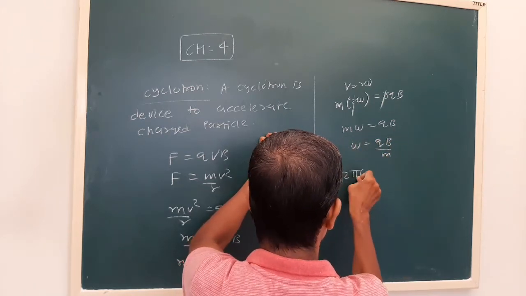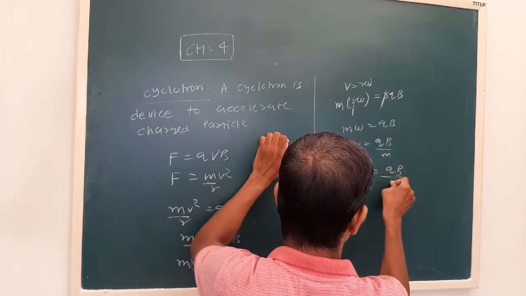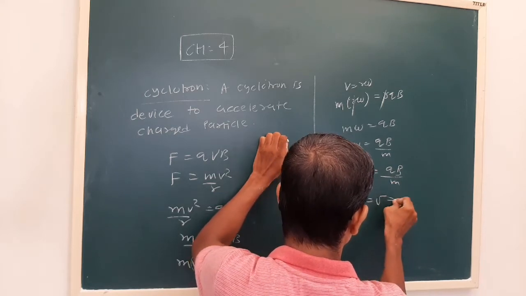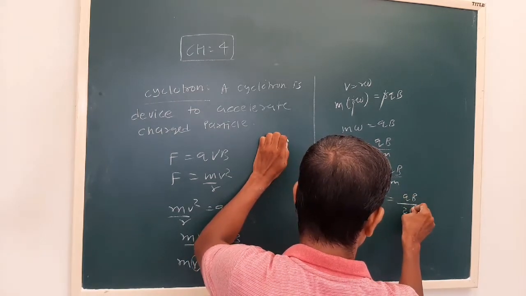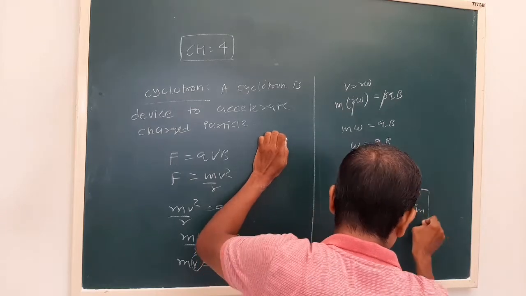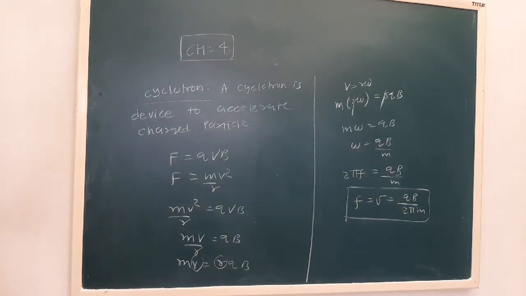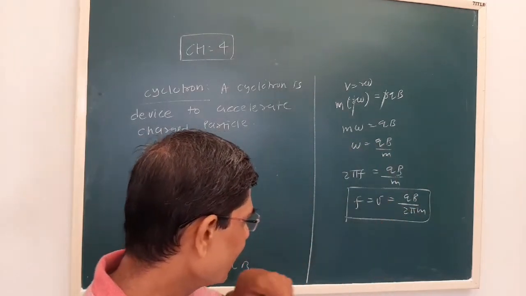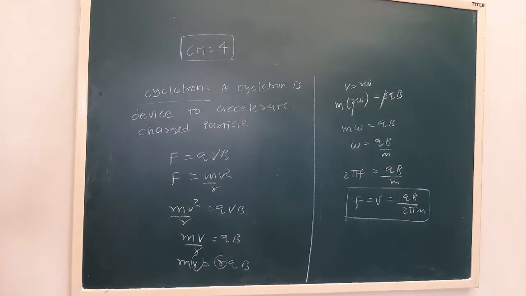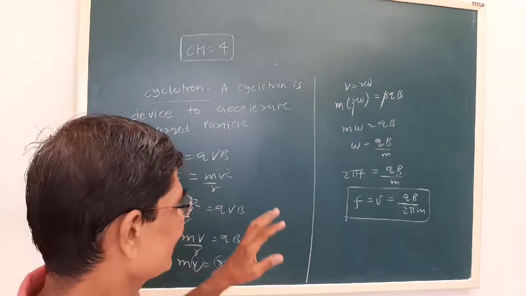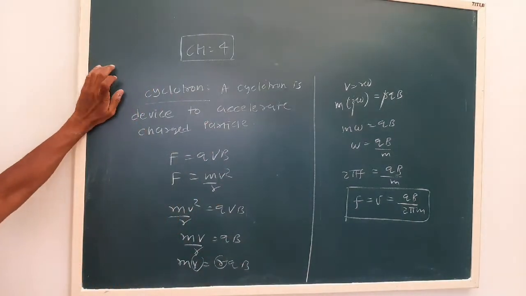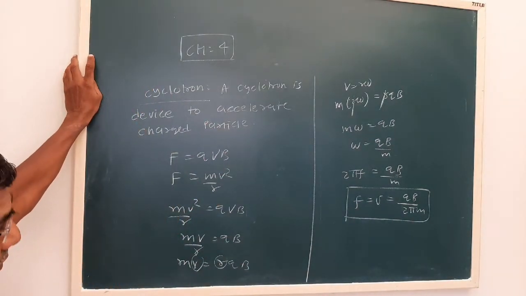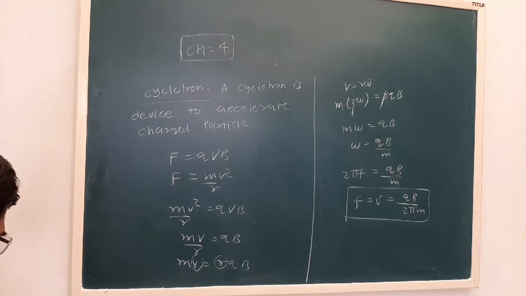Omega is 2 pi f. So what we see here, that the frequency is independent of the speed or radius. Now by using the same principle, the device called cyclotron is prepared. See, a cyclotron is a device to accelerate charged particles.